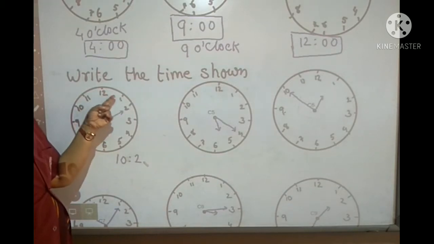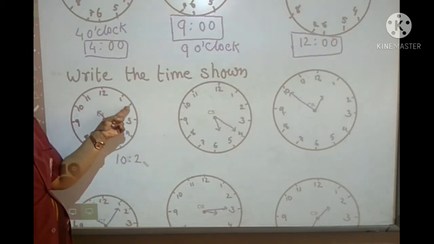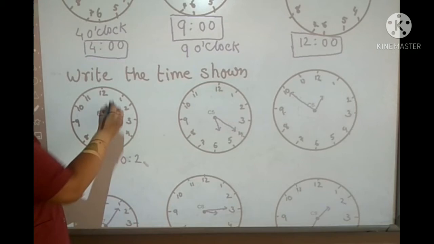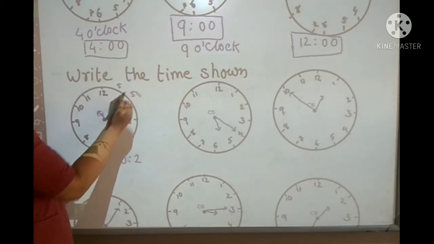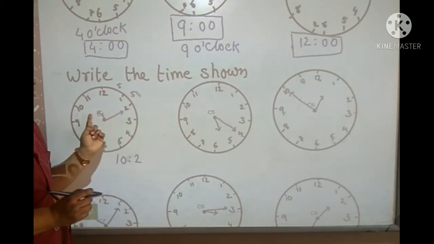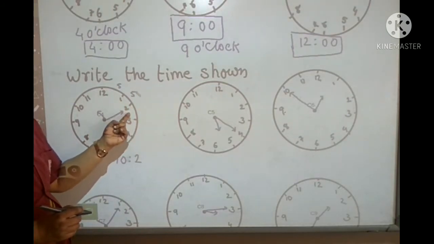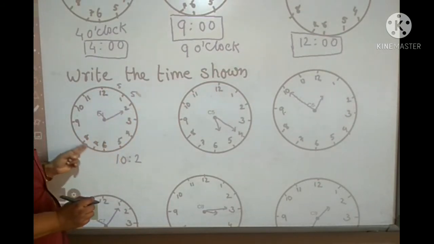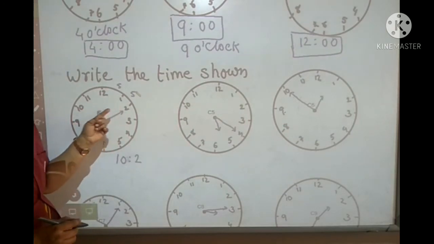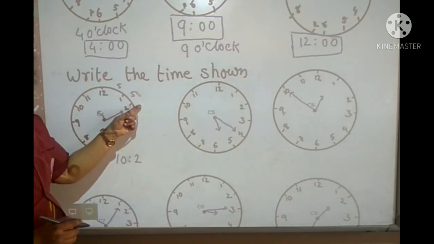See, from 12 to 1 is 5 minutes, 1 to 2 is another 5 minutes. 5 plus 5 is 10. Otherwise, an easy way: you can say this is running with the table of 5. So 2 5s are 10.